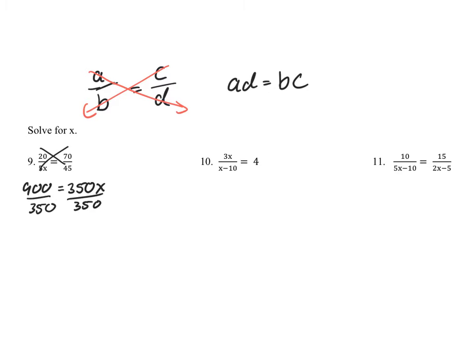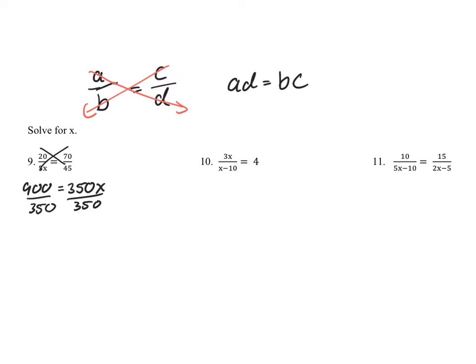So we're going to take 900 divided by 350, and we're going to end up with a decimal if we put this into our calculator using division rather than a fraction. When you put this in your calculator, you'll probably get a number about 2.5714, and it'll continue on for a while. If we don't have to round, we don't want to.